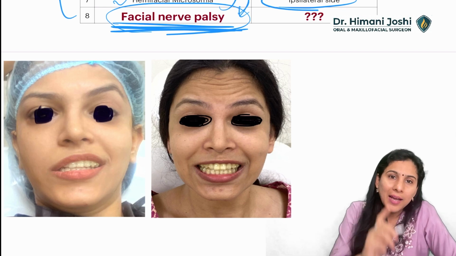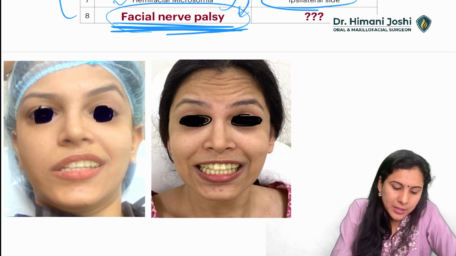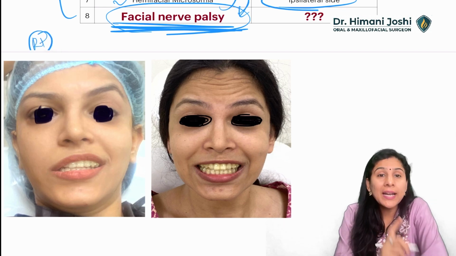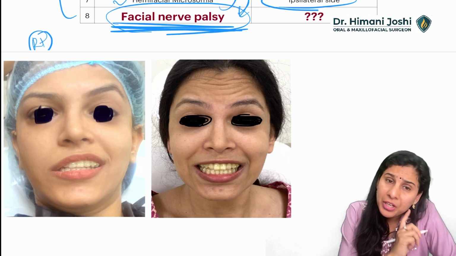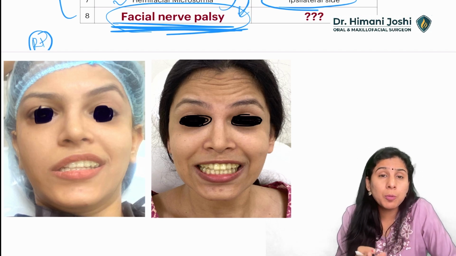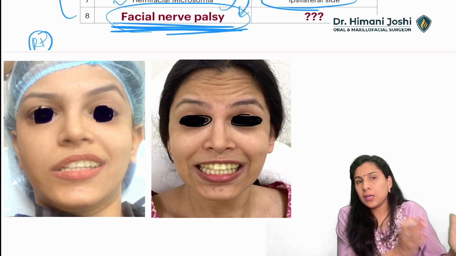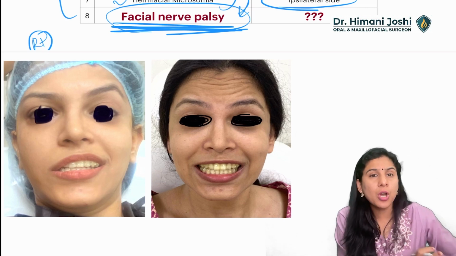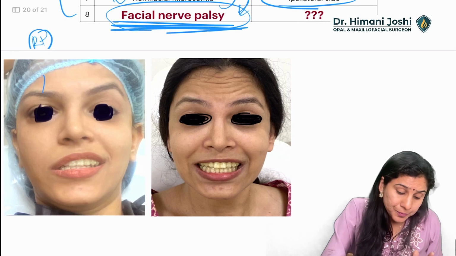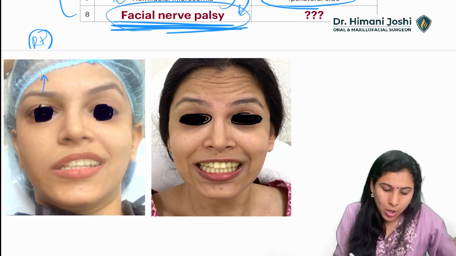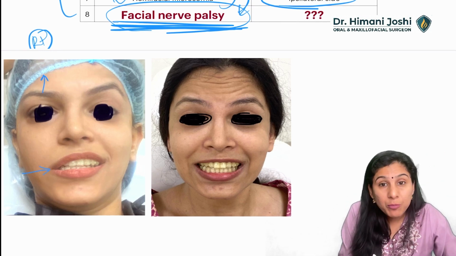For example, I did arthrocentesis for this girl on the right side. When I did an auriculotemporal nerve block, I also blocked the facial nerve. Because of that, there is a local anesthesia of the right side facial nerve. So, eyebrow movement is gone, her smiling or lip movement is gone.